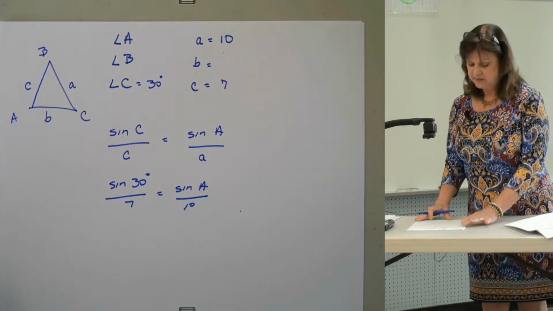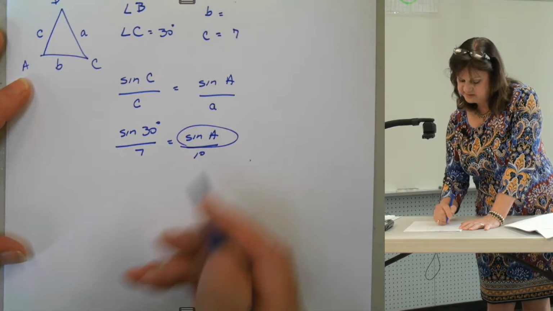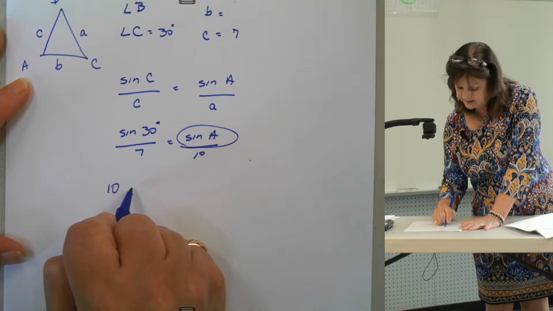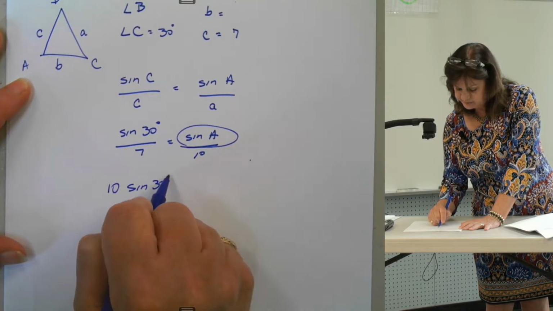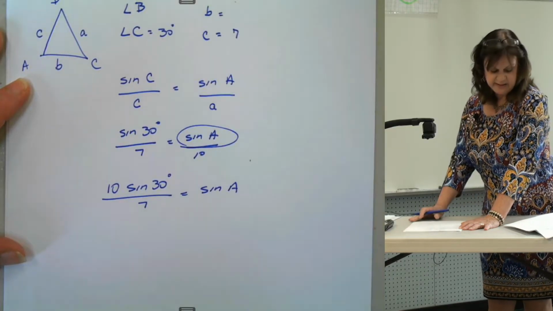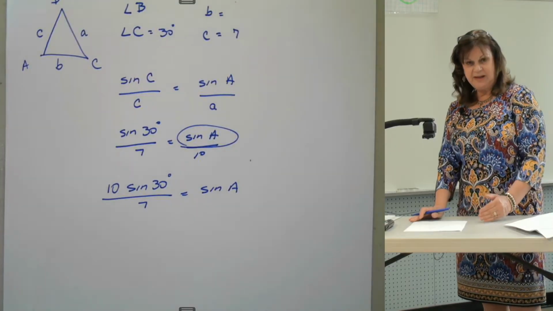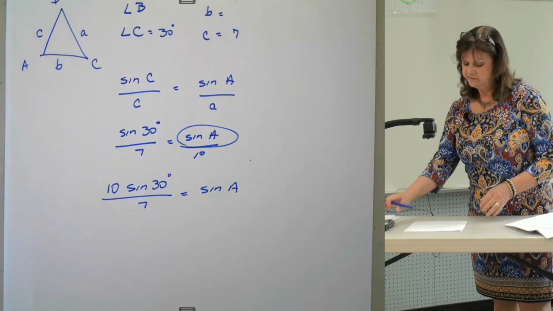You're not going to want to cross multiply because of what you're solving for. So let's get the 10 to the other side. So 10 sine 30 divided by 7 is sine A. So now you're saying what angle has this sine. Now you get into your inverse.